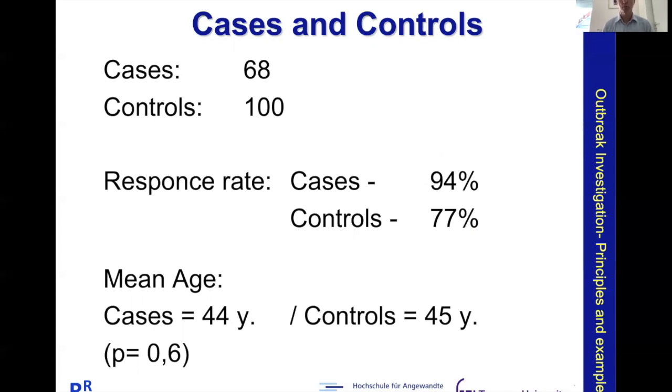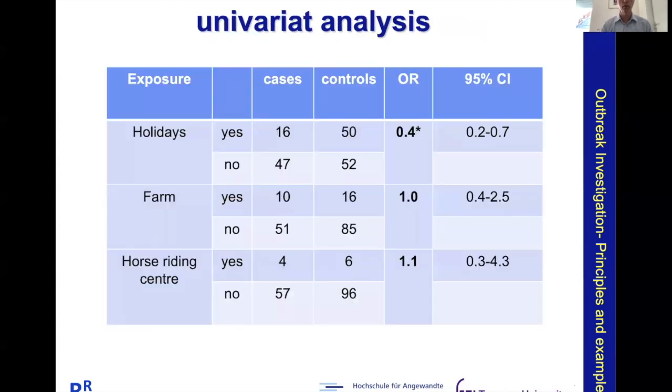These days, it would probably be very difficult to get similar response rates. So we had a very high response. To compare cases and controls, you can also see that they were almost of the same age as an indicator. They are probably relatively well comparable. It's a good idea.